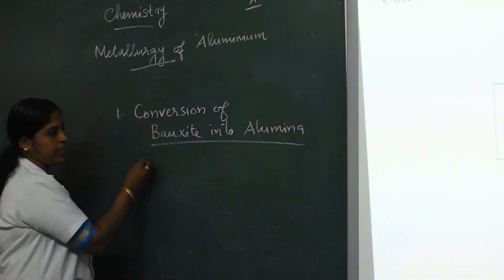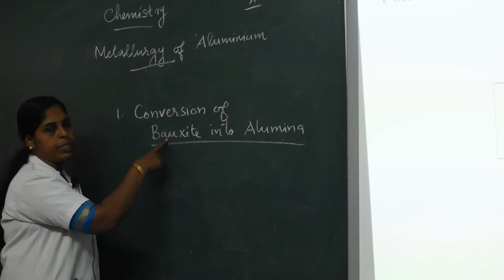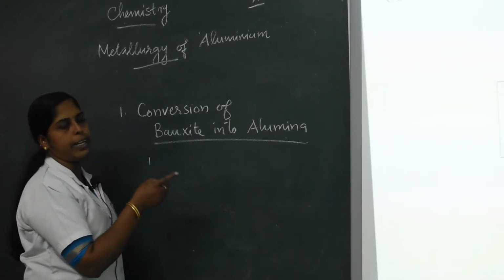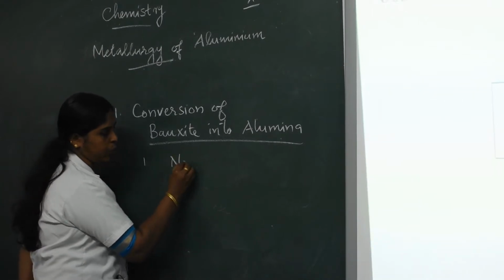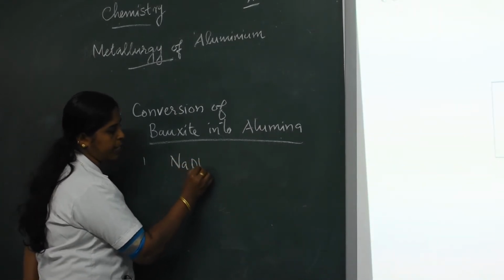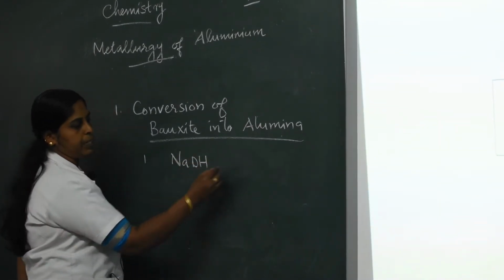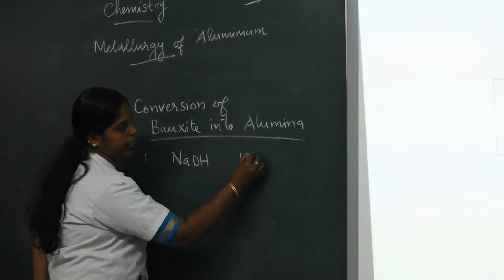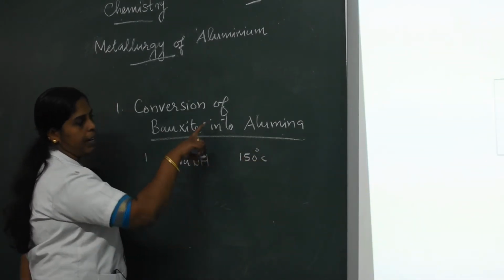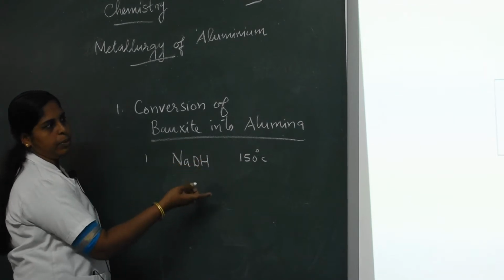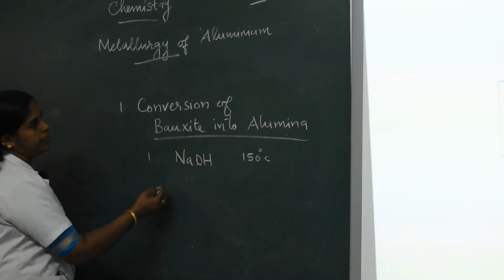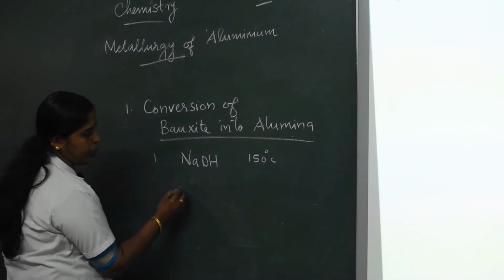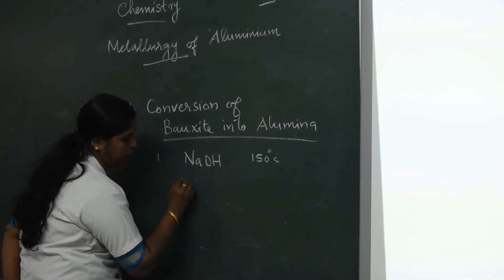In this process, first the bauxite ore is finely powdered and treated with caustic soda, sodium hydroxide, NaOH. Under pressure at a temperature of 150 degrees Celsius, the bauxite is converted into alumina by the process. Sodium meta-aluminate is formed.